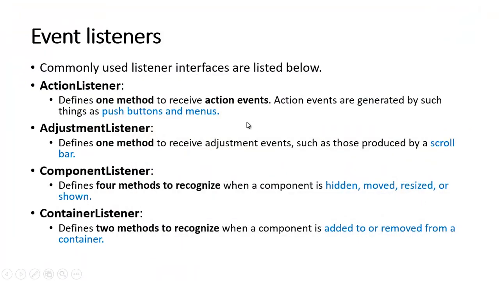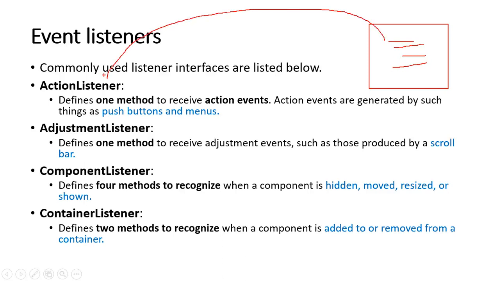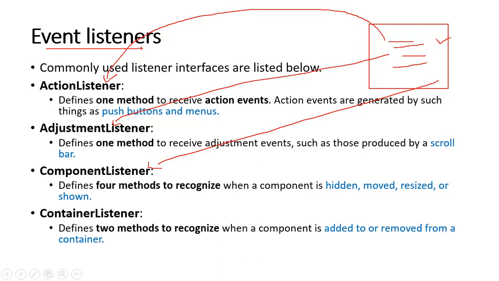So suppose you are writing a class in Java and you want this class to be a listener. What you are supposed to do is it has to somehow implement one among them. One of the interfaces has to be implemented by your class, then only you can call that class an event listener. Not any class can become an event listener.